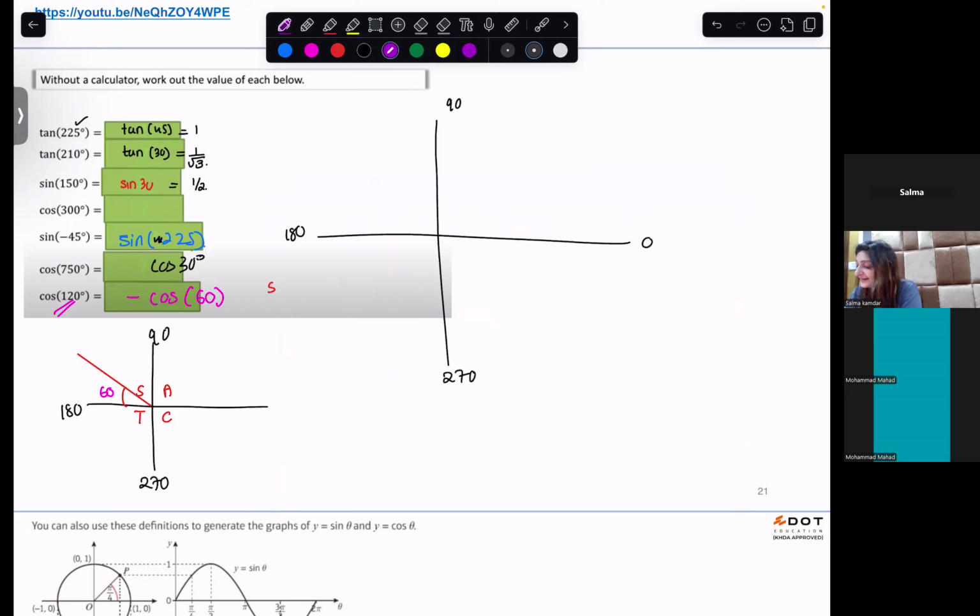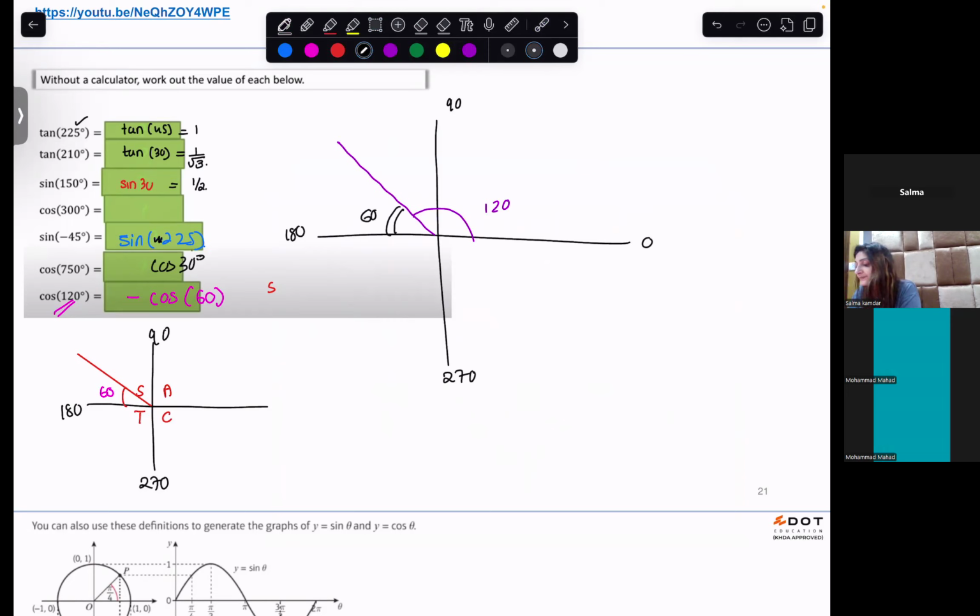This is 120, right? I start from here and come over here. But when I'm trying to find the value, I will take the one which makes an acute angle with the x-axis. So this is 60.